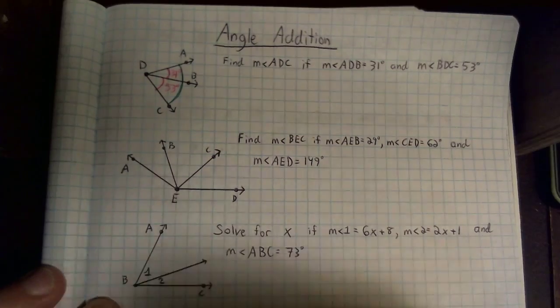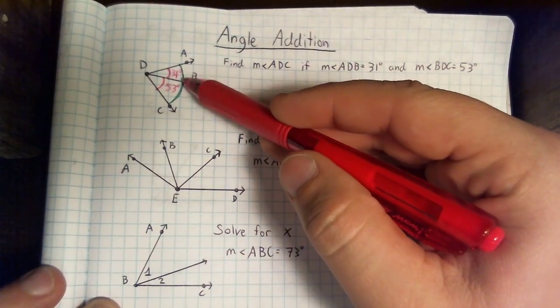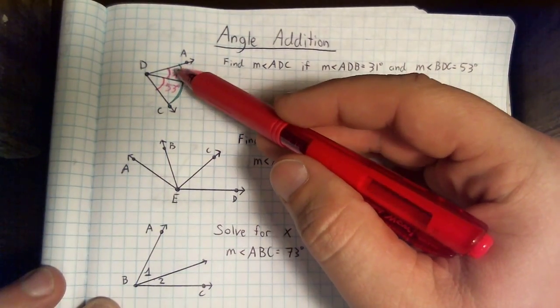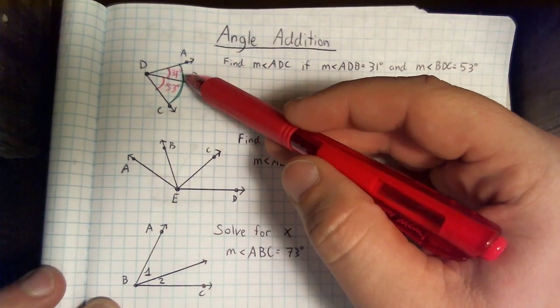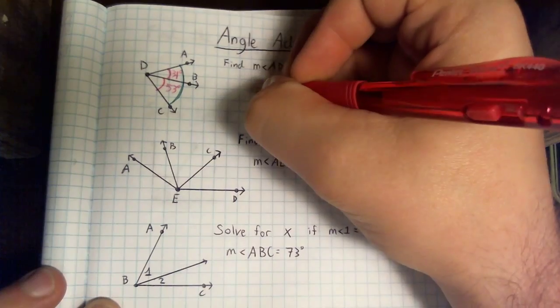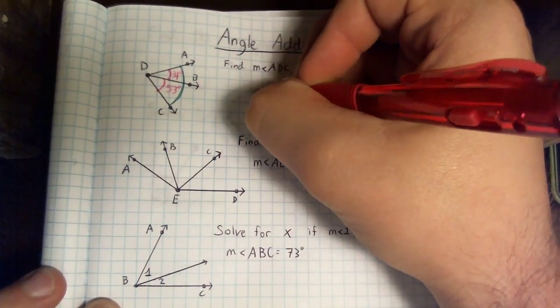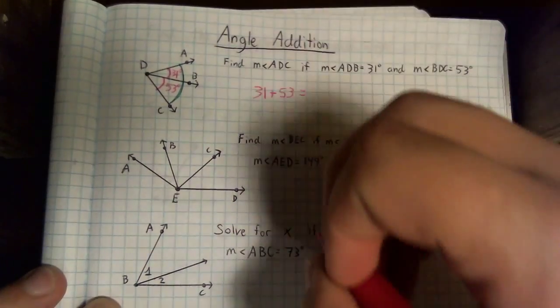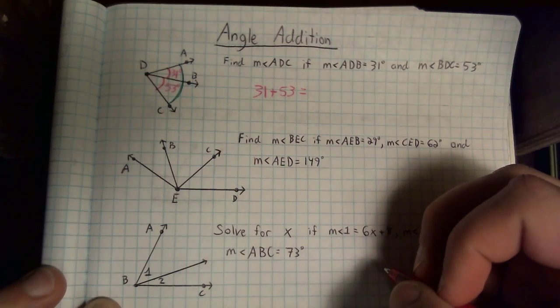What's nice is that I can see that if I'm trying to find this entire thing, I know I need to take this smaller piece and add it to this second piece. So 31 plus 53 will give us the entire measure of that bigger outside angle.